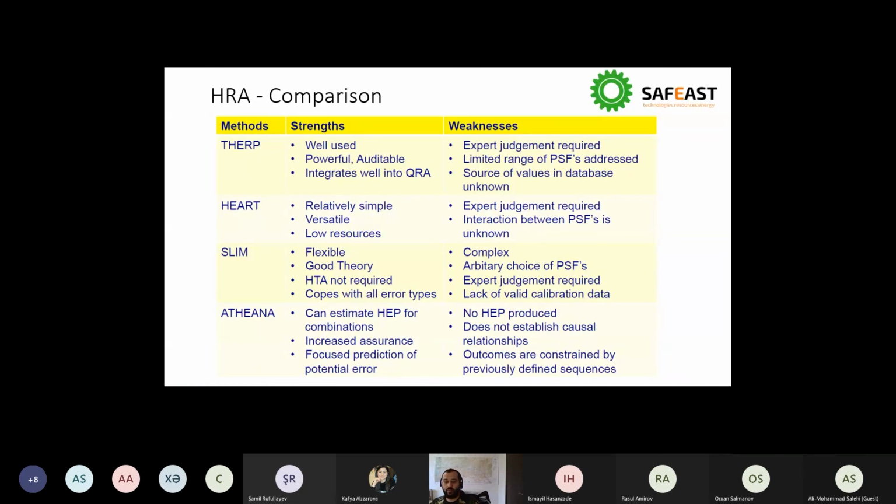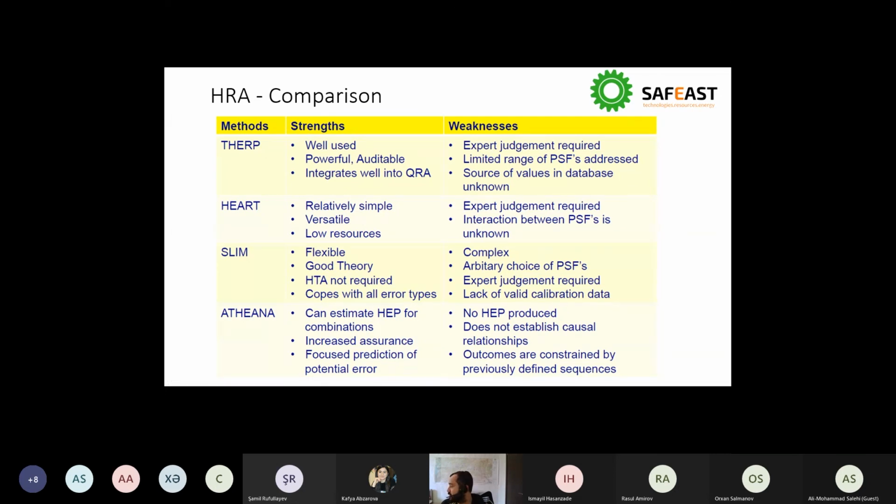In terms of human reliability analysis, as I said, we can use many methods, not only these four. There are many other methods as well. Some of them have very good advantages, but most of them have weaknesses as well. For example, THERP is well used, powerful, auditable, and works well when you want to do quantitative risk assessment.